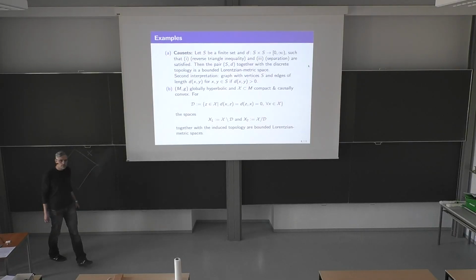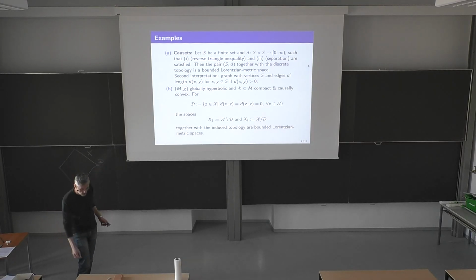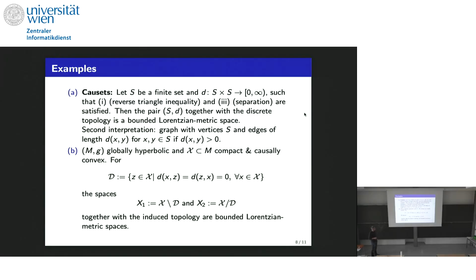When you delete them, this is D, then you get a non-compact bounded Lorentzian metric space with the induced topology. So you might think the topology that we talked about is something exotic, but in these standard examples like A and B, they are just the topology you would expect.